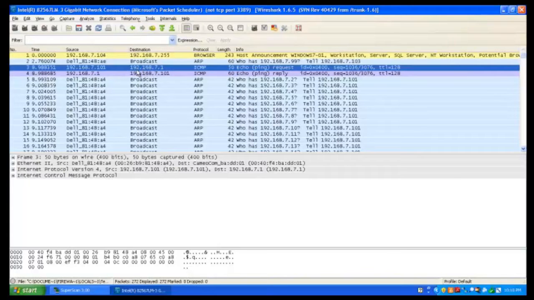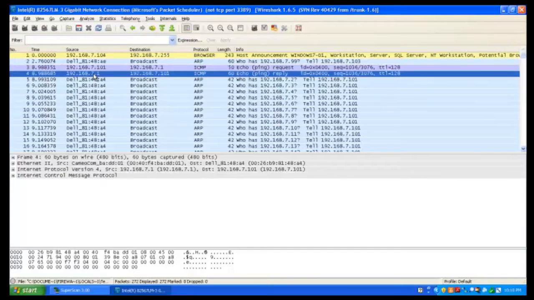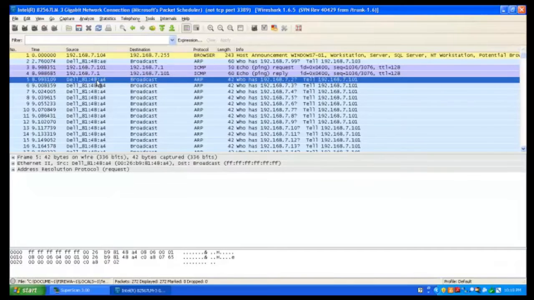So the first address we're going to ping is 7.1, and this happens to be the gateway. So there's the echo request, or the ping packet, and we get a response. Okay, so now let's go down to packet 5 here. In this case, this is an ARP broadcast, and this is what Wireshark translates for us. This is actually not in the packet, but Wireshark's telling us what it's doing.